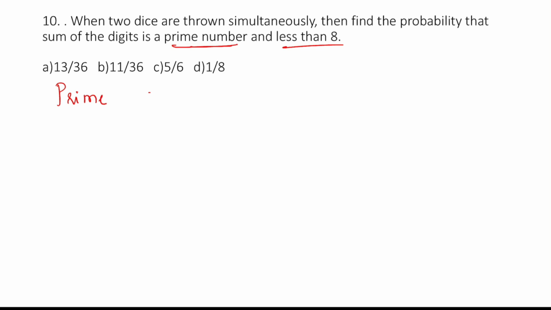Prime numbers less than 8 are 2, 3, 5 and 7, isn't it? So these are the prime numbers which are less than 8, and the sum of the digits should be a prime number, meaning when two dice are thrown, their sum should be a prime number, they are saying.